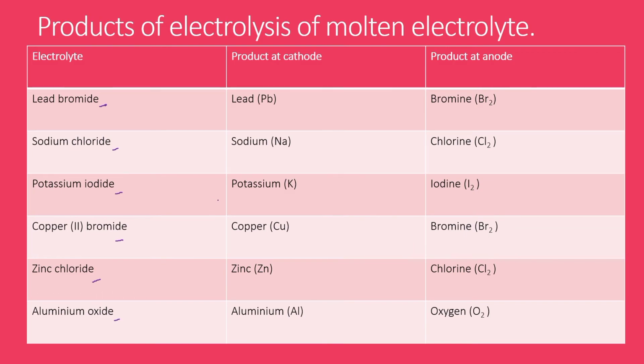Over here at the cathode you will get lead, sodium metal, potassium, copper, zinc, aluminium. So you will get metals at the cathode, and non-metals on the anode, where you can find bromine gas, chlorine gas, iodine, bromine, chlorine and oxygen. So non-metal is always formed at the anode.